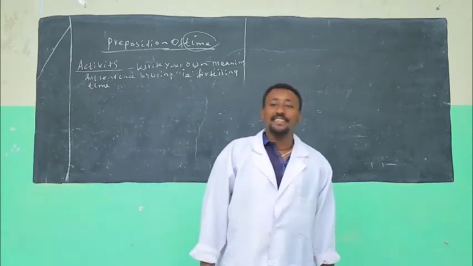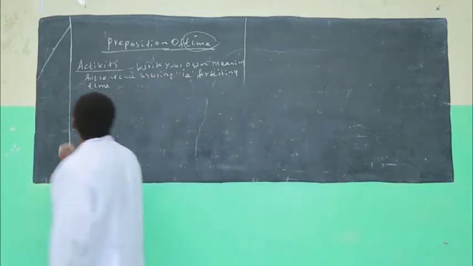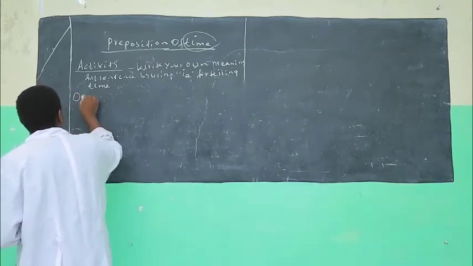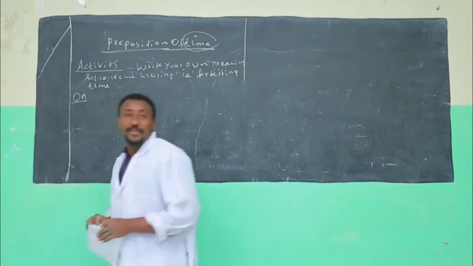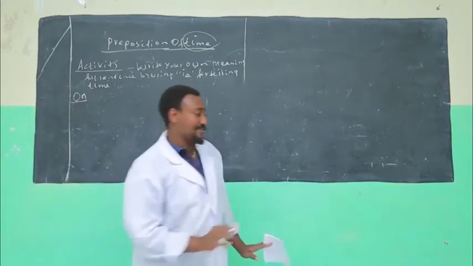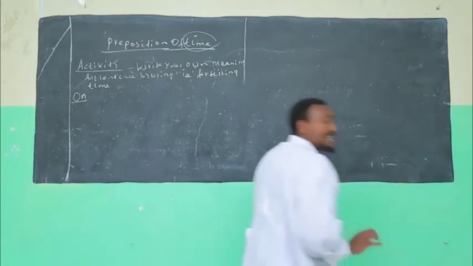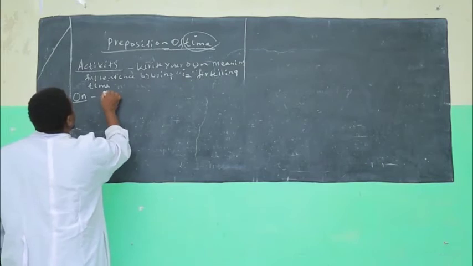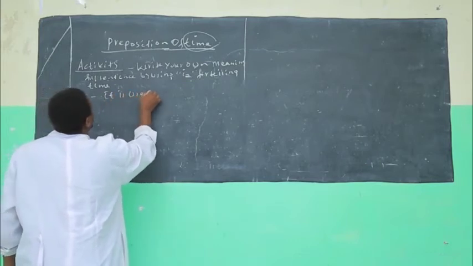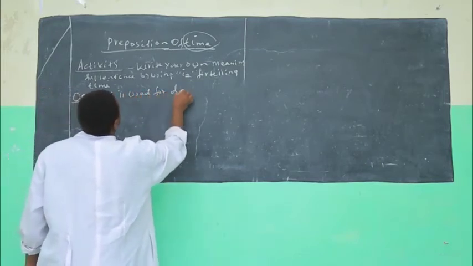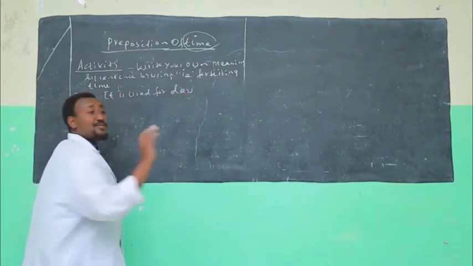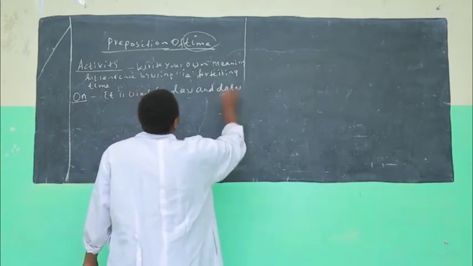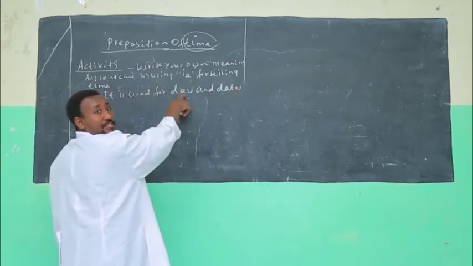Excellent, my students. Thank you in advance. The next and the last kind of preposition for today's lesson, I'm saying the last because of today's lesson, is "on". It is used for days, as well as dates.